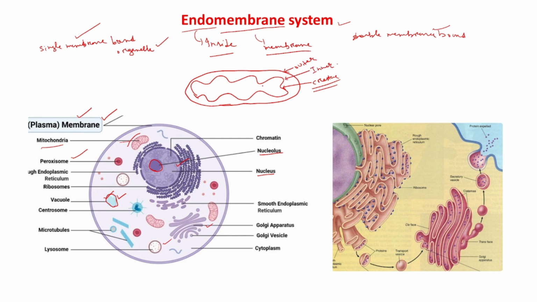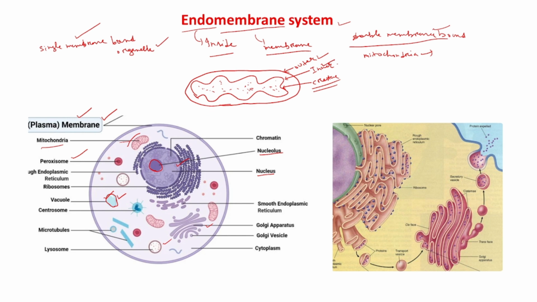All the enzymes and materials required for the mitochondria are present inside the cristae or inside the inner membrane. So the mitochondria is a double membrane bound organelle. It has two membranes, one called the outer membrane and another called the inner membrane.